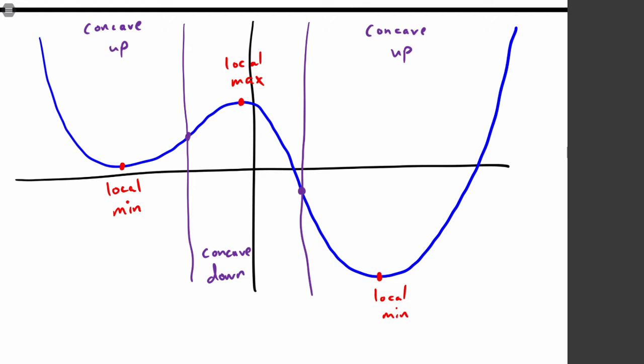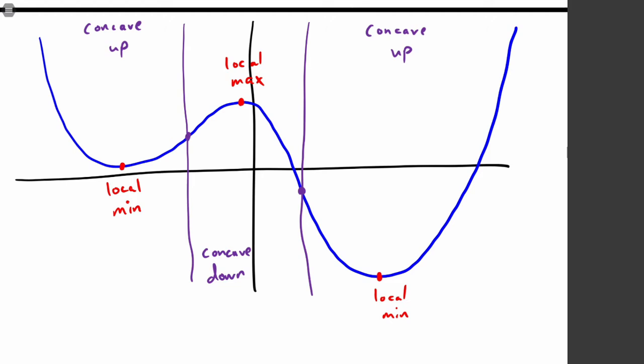Well, if you think about it, a minimum is at the bottom of a valley, but a valley opens upward. So a local minimum, we should always expect to find somewhere that the function is concave up. That makes sense?